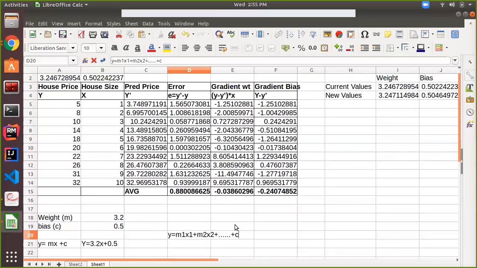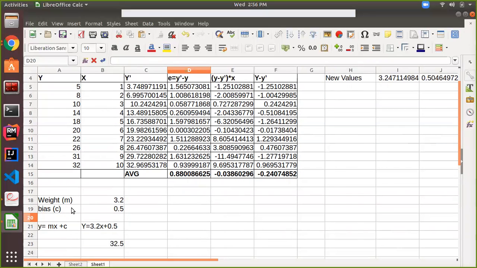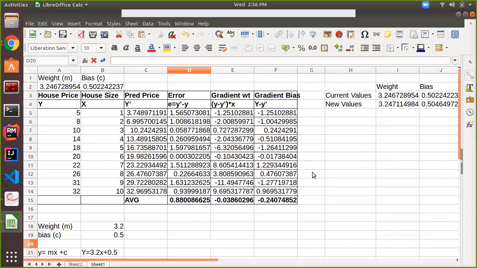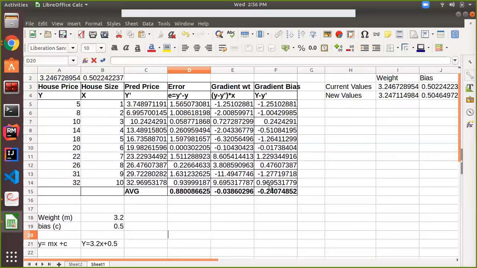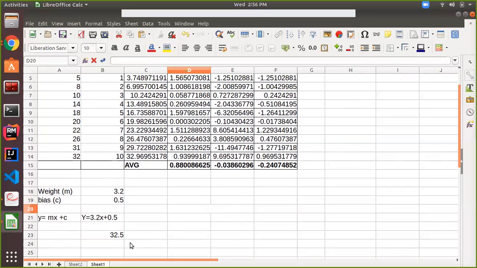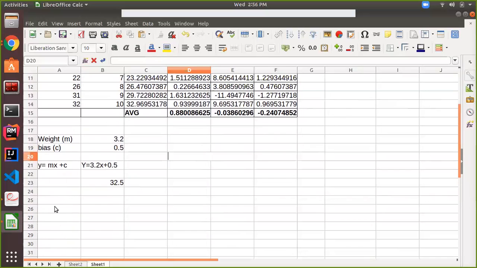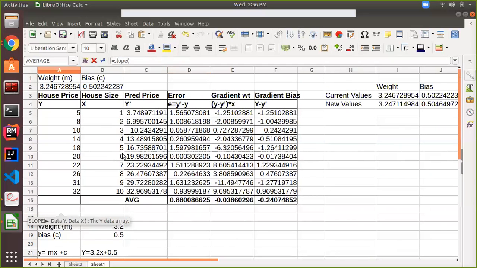So here you can see I have calculated the weight and bias manually, okay, using iteration. Same thing you can do in Excel using formula as well, which makes your process very quick, okay. Suppose you want to find the slope, so you can use the function slope, okay. Then it's asking for the data y and data x.